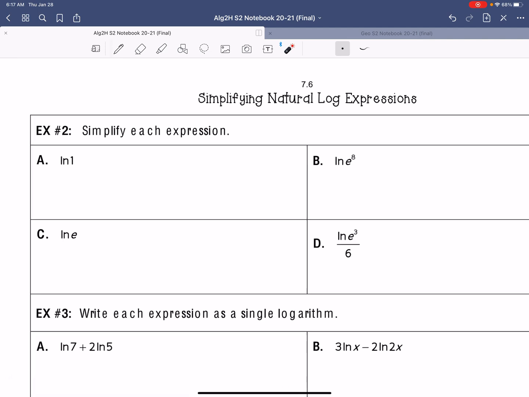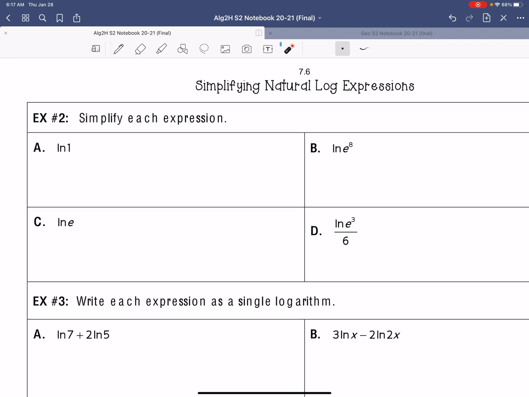So now we're just going to simplify these expressions. All of these we can do by hand. We do not need a calculator. So just a reminder, we're going to set this equal to p, and we want to figure out what p is. Because remember, it goes log base answer equals exponent, so we're using p for power, which is the same as exponent. So what we can do is rewrite this into its exponential form.